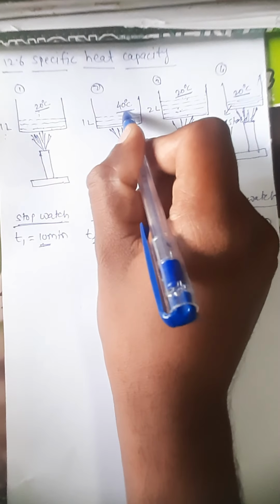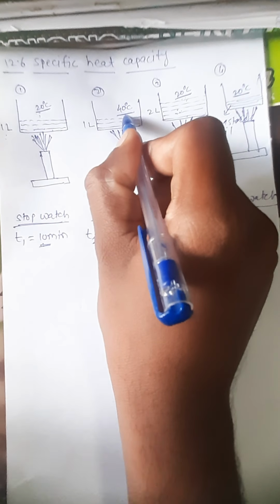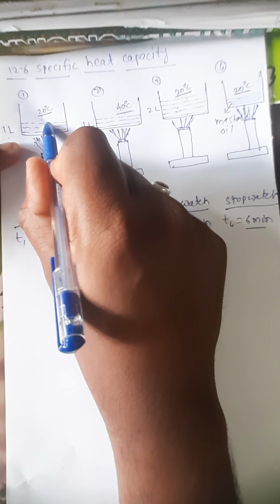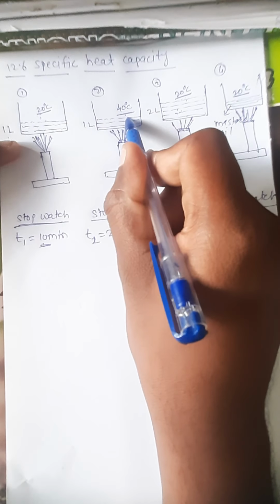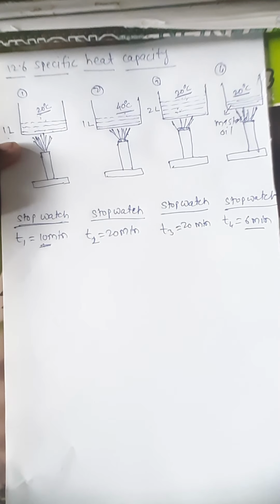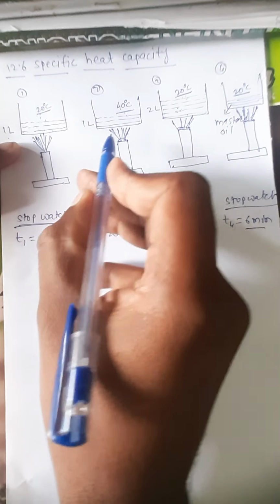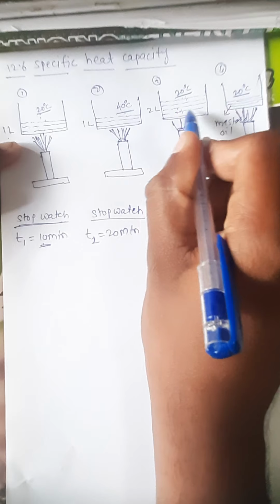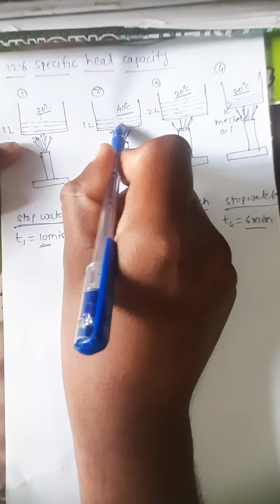If the change in temperature changes, for example instead of changing the temperature by 20 degrees Celsius we want to change it by 40 degrees Celsius, then the amount of heat required changes. So the amount of heat required depends upon the amount of substance and the change in temperature.